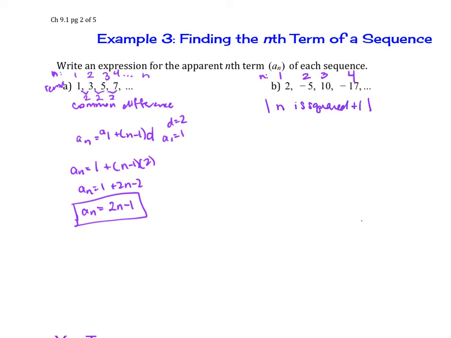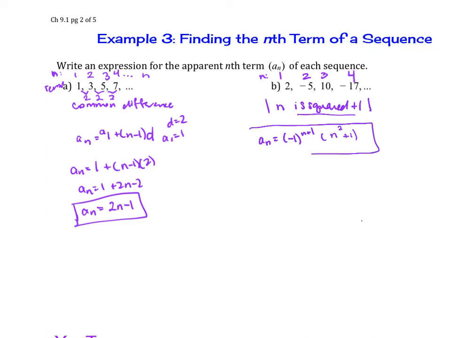Then, because we know the signs alternate, and we know it starts with the positive, we can write negative 1 raised to the n plus 1. Because if we plug in 1, 1 plus 1 is 2, and that means it's positive, which is this value here. Then we multiply that by n squared plus 1.